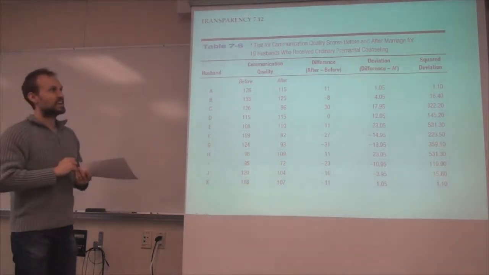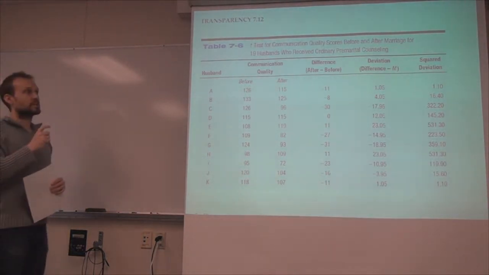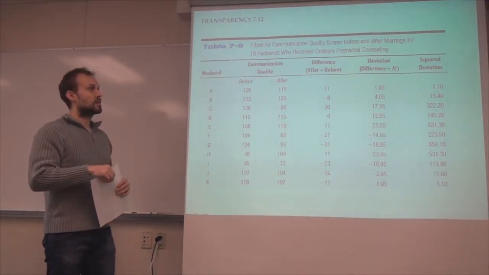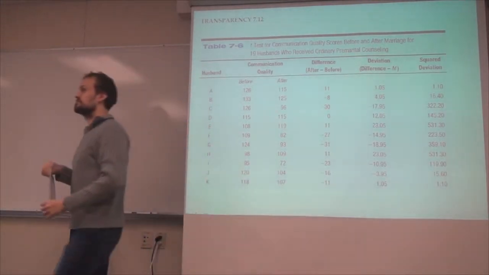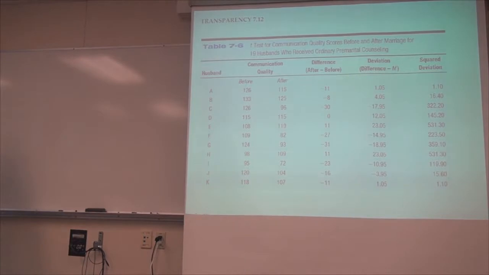So the research hypothesis is what I'm hoping for, that there is a difference, so that the mean population difference is not zero. And my null hypothesis is that it is zero, that there's no change.